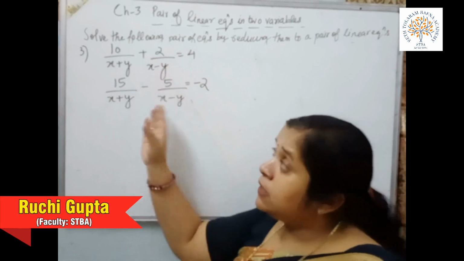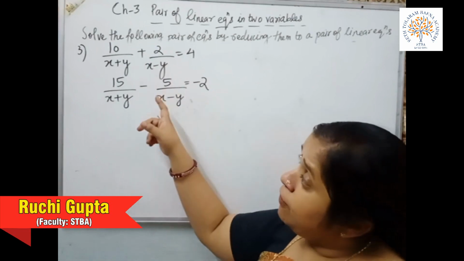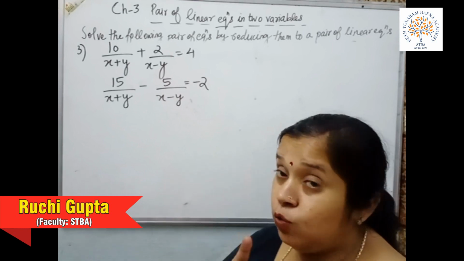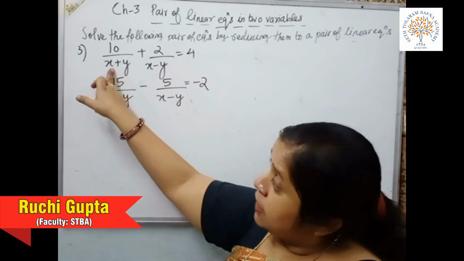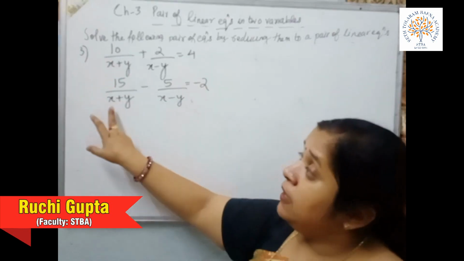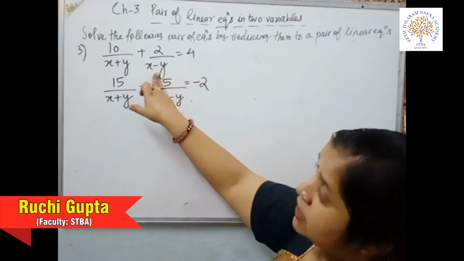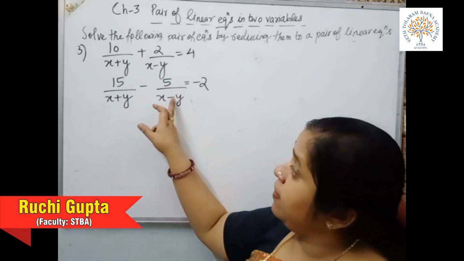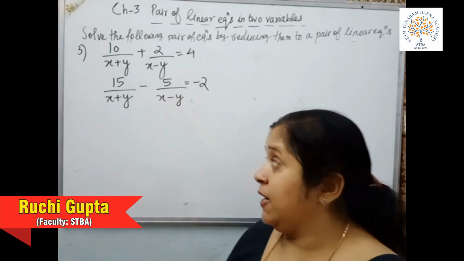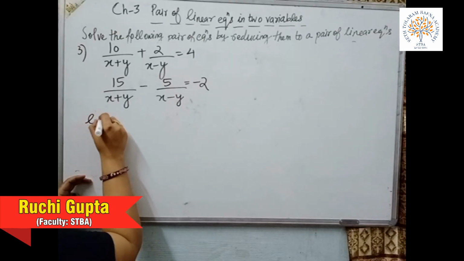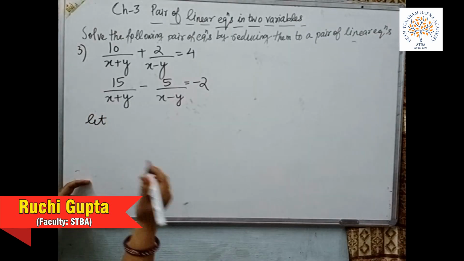So in these types of questions, students, we have to do the elimination method twice, 2 times, because if I substitute this as p, then the value of x plus y is p, and if I substitute this as q, then the value of x minus y is q. So we have to substitute them twice.